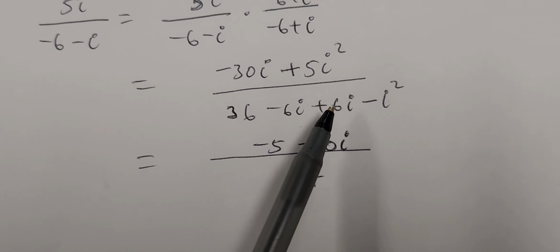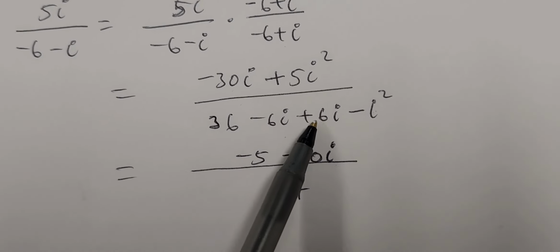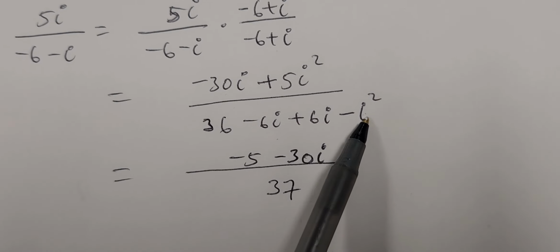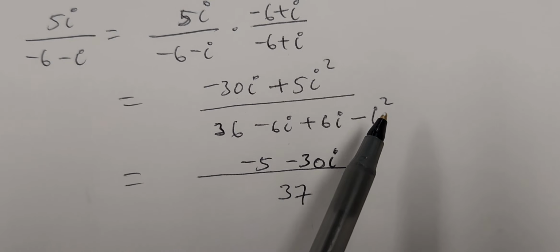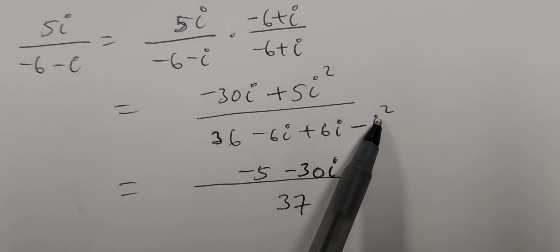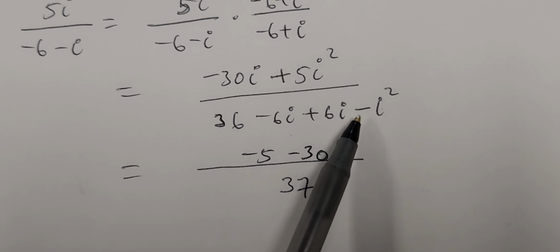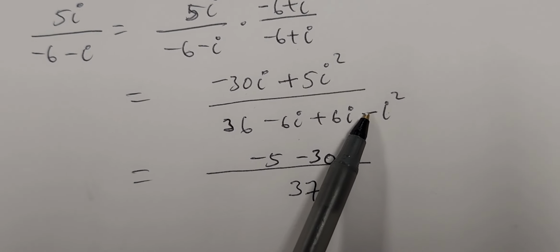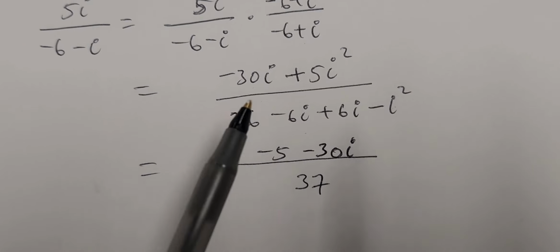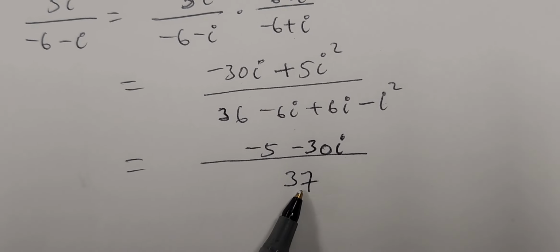They're the same and opposite, so they get to cancel out. Here's the I squared. I squared is negative 1, but I also have another negative, which is here. So negative 1 and another negative become positive 1. So 1 plus 36 gives me 37.